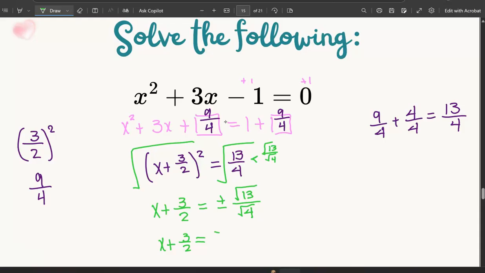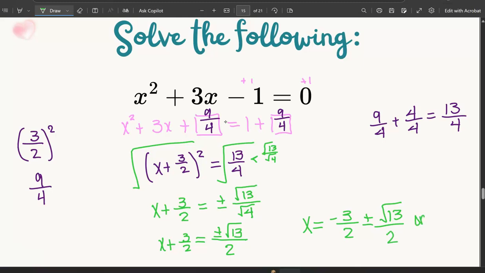So that gives me plus or minus the square root of 13 over 2. And then I can subtract the 3 over 2 from both sides. And I get negative 3 over 2 plus or minus the square root of 13 over 2.